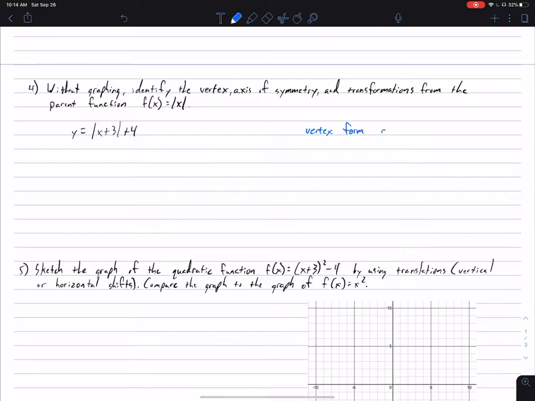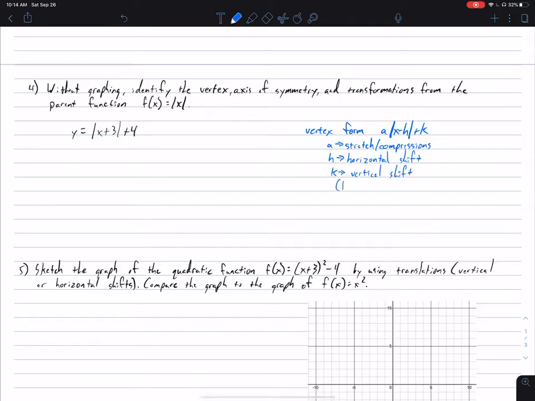All right, and our vertex form is a times the absolute value of x minus h, plus k, where a is going to determine stretches and compressions and potential reflections. h is our horizontal shift, so left, right. k is our vertical shift, up, down.